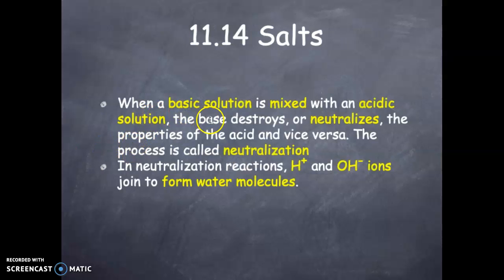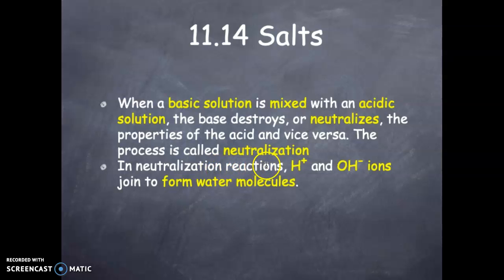So when a base solution is mixed with an acidic solution, the base destroys or neutralizes the properties of the acid and vice versa. The process is called neutralization.